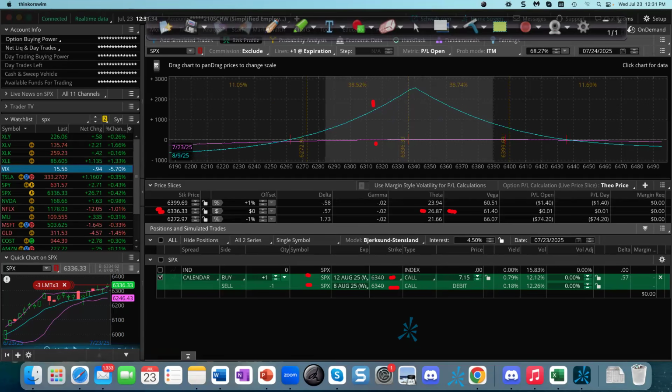Again, this plan is different. The plan of the under the market calendar is simply a range bound trade, where I'm looking for the market to stay within a range. When you're looking at a calendar, you're looking at the expiration break evens, and as long as we stay within there, you do well. That's the calendar.